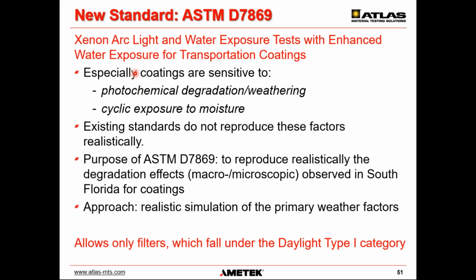To summarize this test method, xenon arc light source water exposure test with enhanced water exposure for transportation coatings, it was developed especially for coatings which are sensitive to photochemical degradation weathering, and the test cycle was designed to produce this cyclic exposure to moisture.